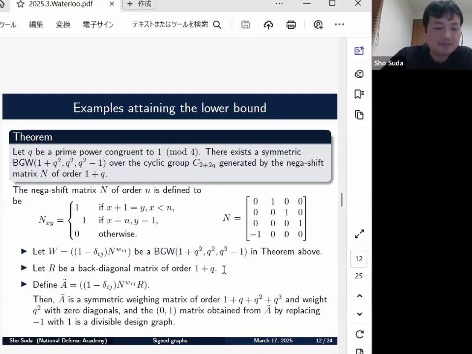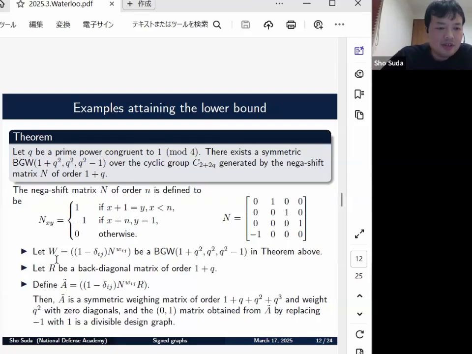In this case, the ones go from the rightmost entry to the lower left entry. This diagonal is not the main diagonal, but we often call it the back diagonal, so we call this matrix the back diagonal matrix.